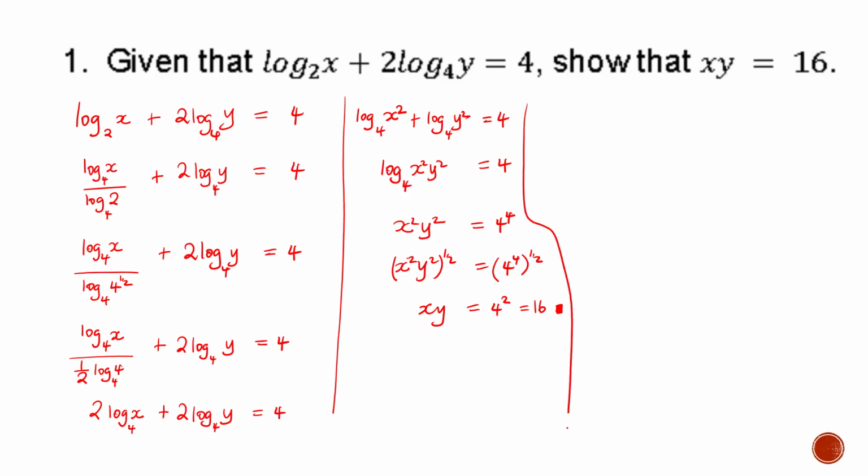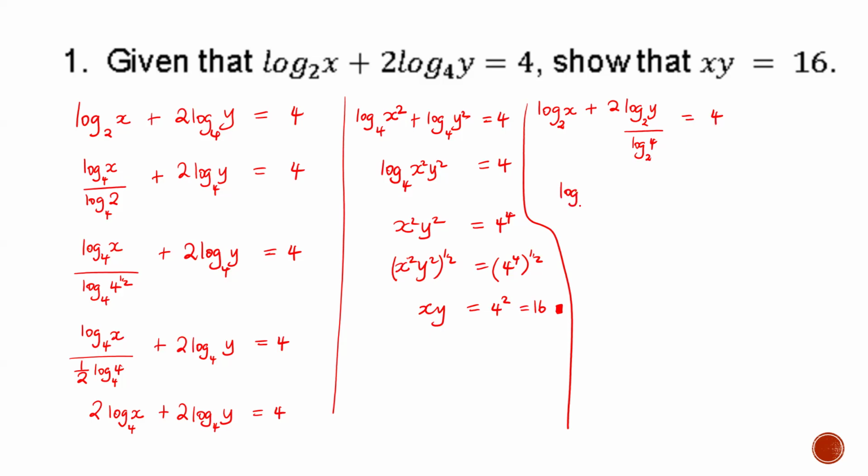Yeah, so alternatively, you could have decided to change the one in base 4 to base 2, right? So that actually, you realize that when you do that, you would have this 2 log of y to base 2 out of the log of 4 to base 2, and you're equating this to 4.